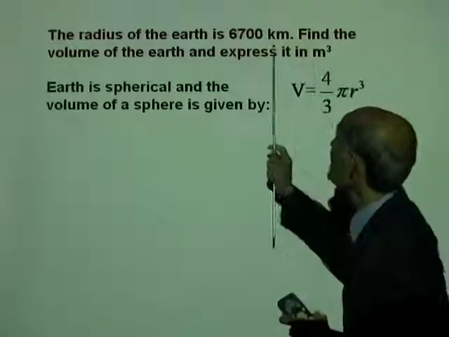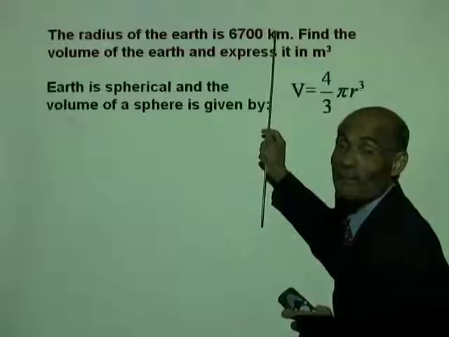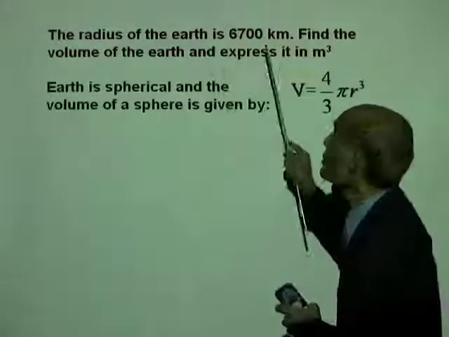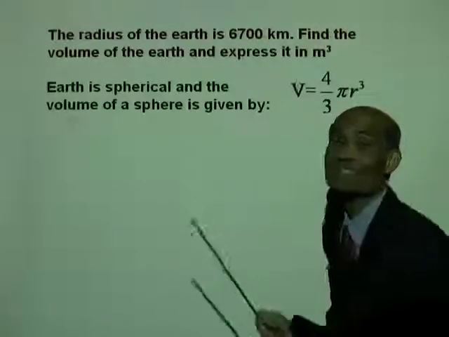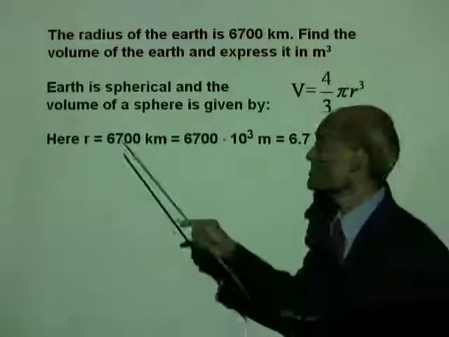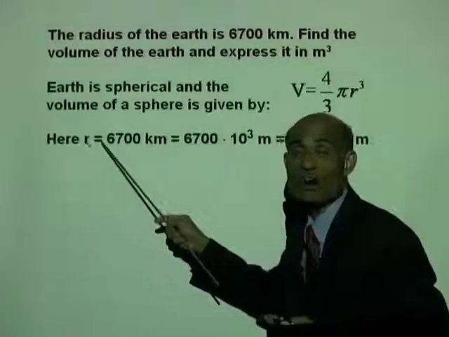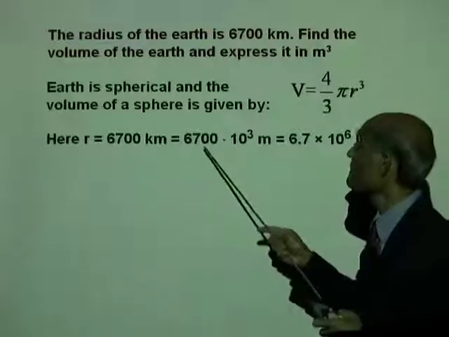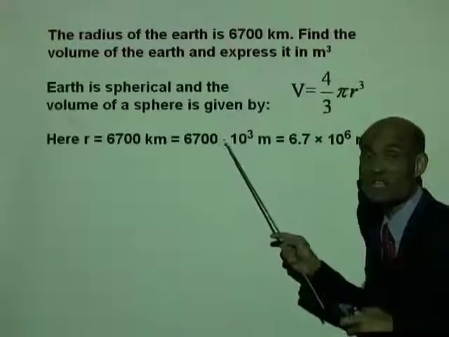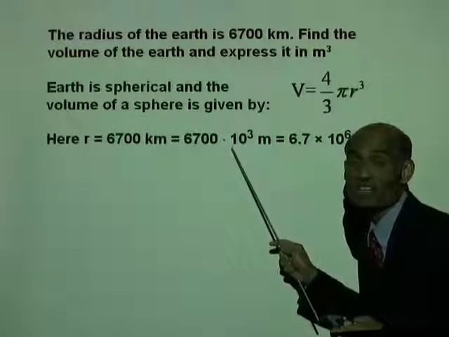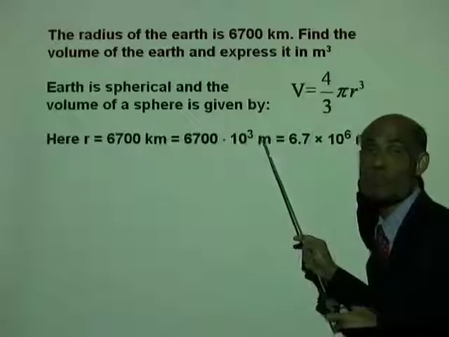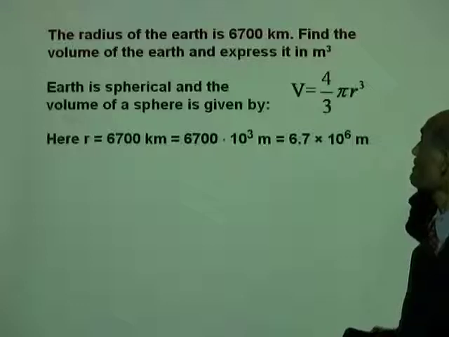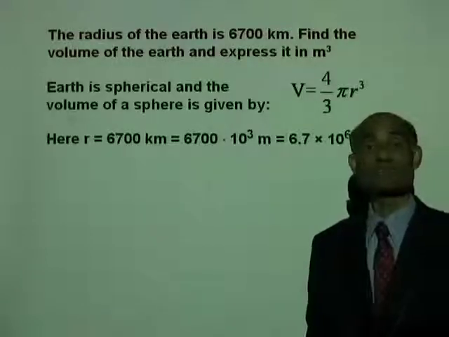And r, the radius, is given in kilometer. We need the answer in cubic meter. So you need to convert kilometer to meter. So here the radius r is 6,700 kilometer. That is 6,700 times 1,000 meter, 10 to the power of 3 meter. And that is 6.7 times 10 to the 6 meter.